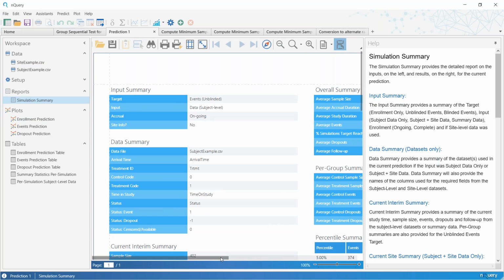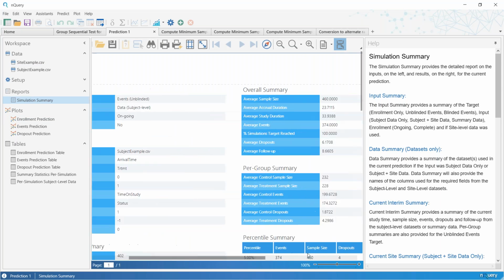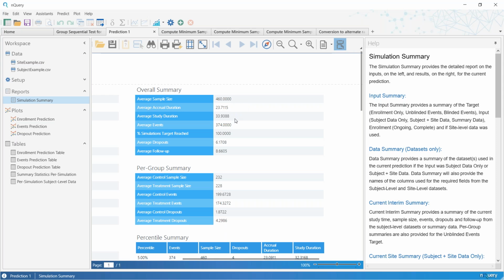If we scroll over to the results on the right, based on where we are right now, the accrual period is expected to finish a little bit earlier than expected, around 0.3 of a month, maybe a week and a half earlier. But the total study length is nearly 4 months longer than we expected.